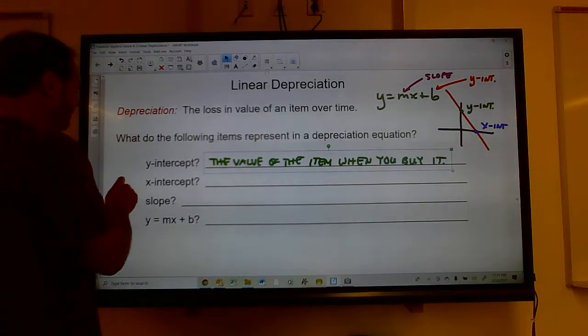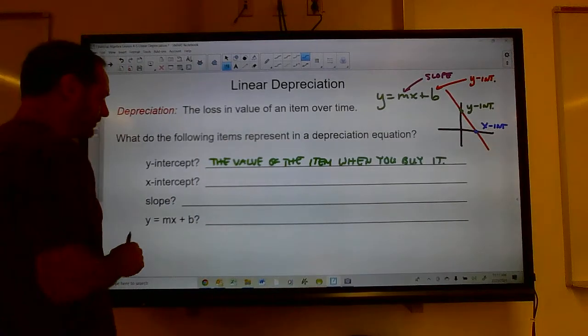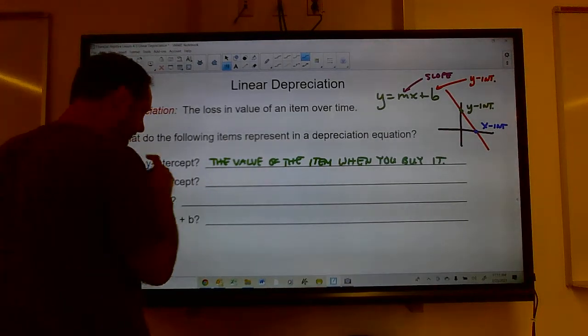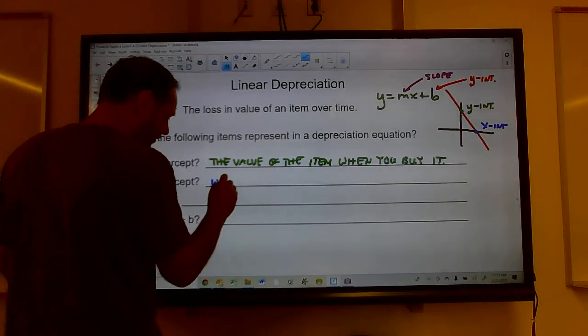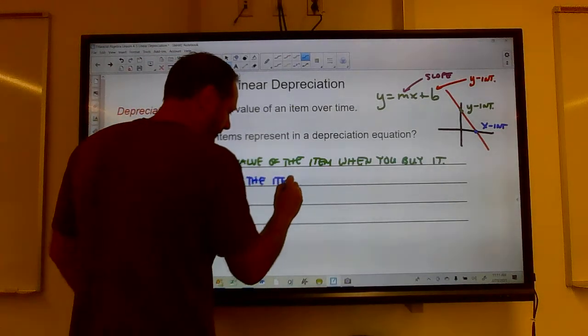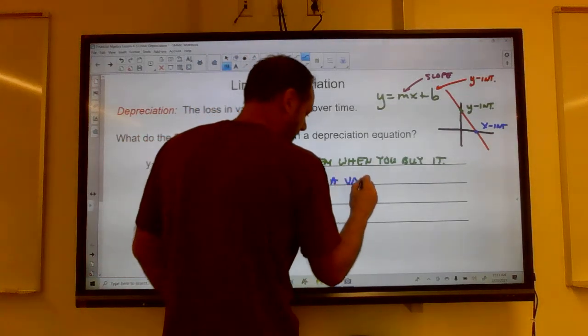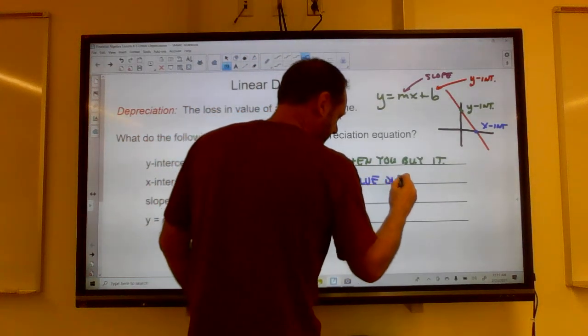Okay, the x-intercept, which we have in blue over there, is when the item has a value of 0.